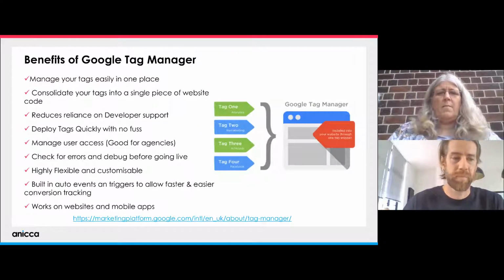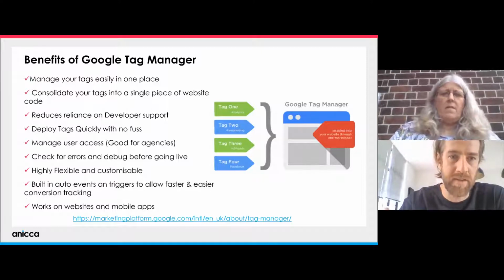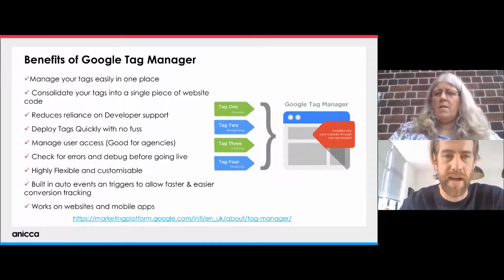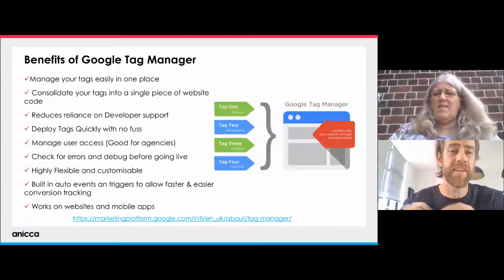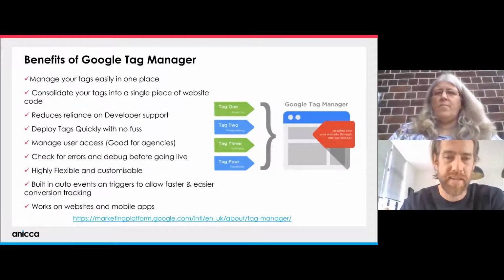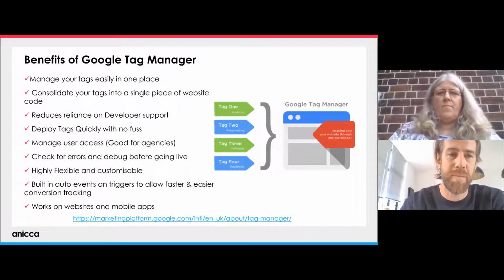So some of the benefits quickly of using Tag Manager. It's absolutely excellent for managing all your tags in one place. Staying up to date with what it is you actually have on your website, so you're not working blind, you're not in the dark. You can consolidate your tags into a single piece of website code. So like I said before, it negates the need to have multiple pixels strewn about your website.